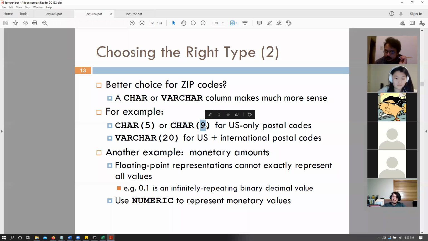However, we can't say that it is going to be a fixed size of 20 for all of the world. And that means that if we had a char 20 instead of a varchar, that would result in a lot of wasted space. And imagine zip codes space being wasted when we are talking about 7 billion people in the world.